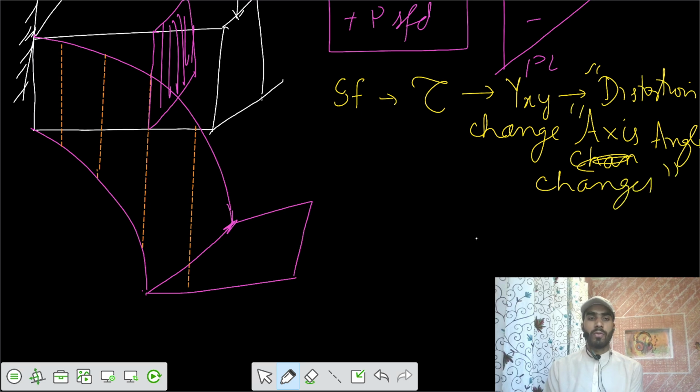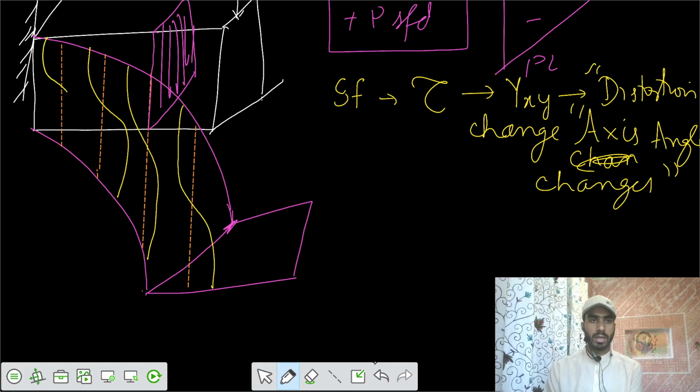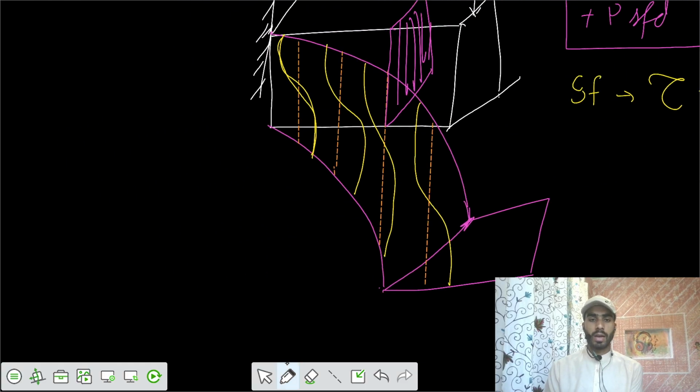So if you have two axes, the angle between them changes in this way, and the section becomes like this. So this is our section now.